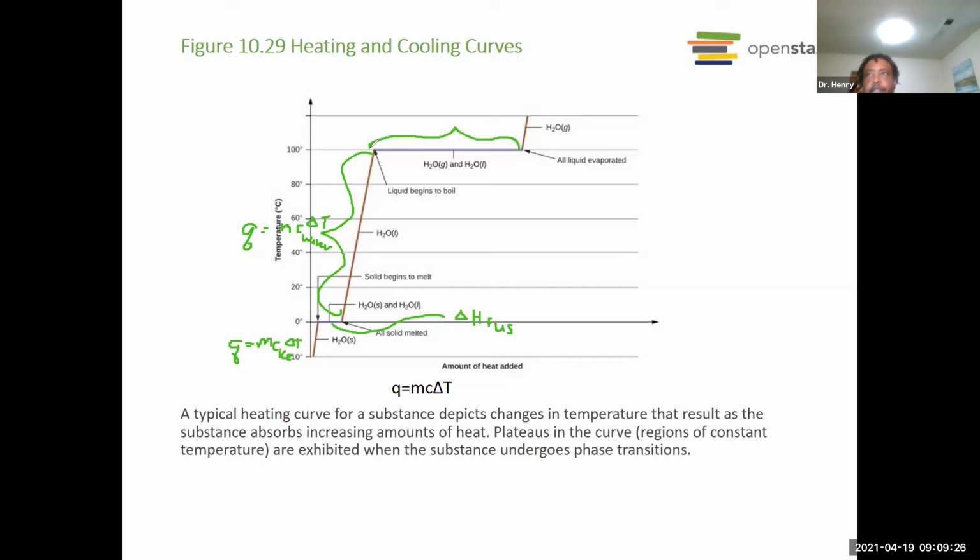This here, this is going to be your delta H of vaporization.